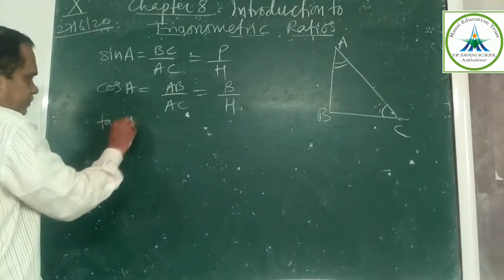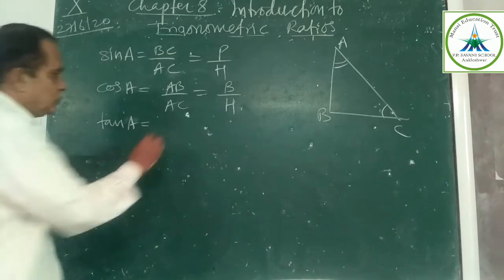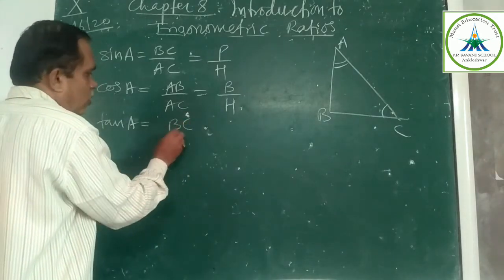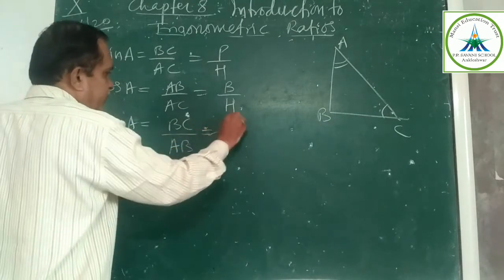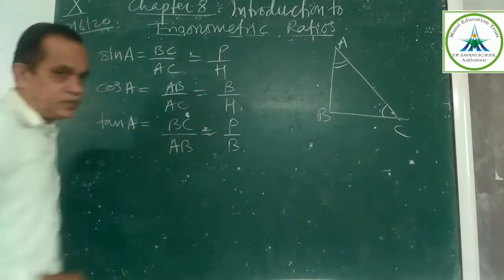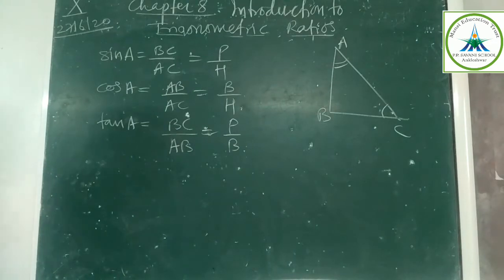And tan A is perpendicular upon adjacent side, that is perpendicular upon base. These three ratios we discussed.